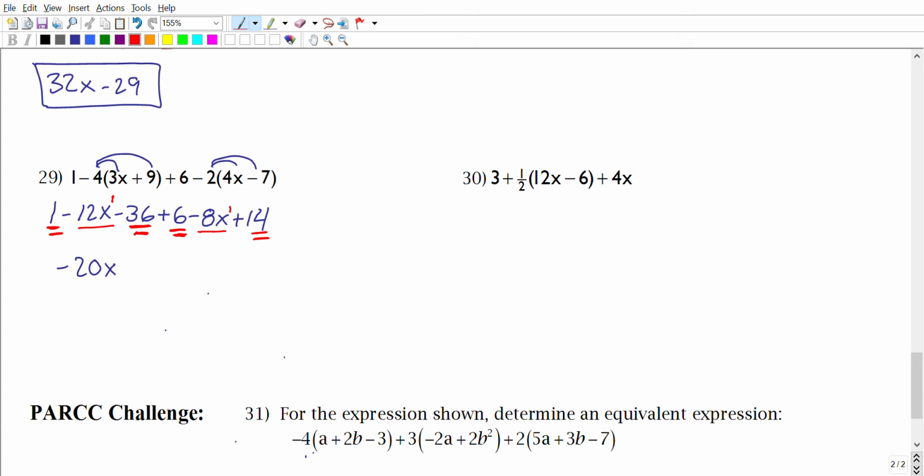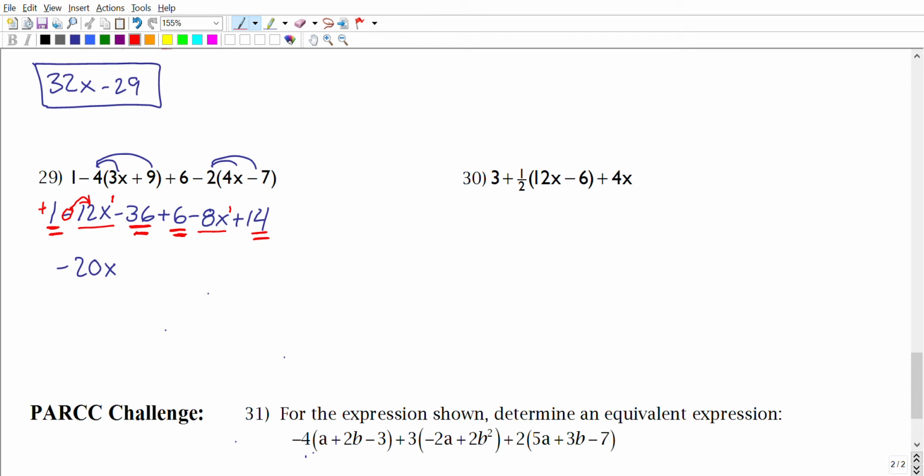Now, this is something a lot of you guys might also do that I want you to really be careful with. This 1 here at the very front is not a -1. This negative here belongs to that term, okay? In front of here, even though you don't see anything, exists a positive. If there's ever no symbol in front of a number, then that means it's positive.